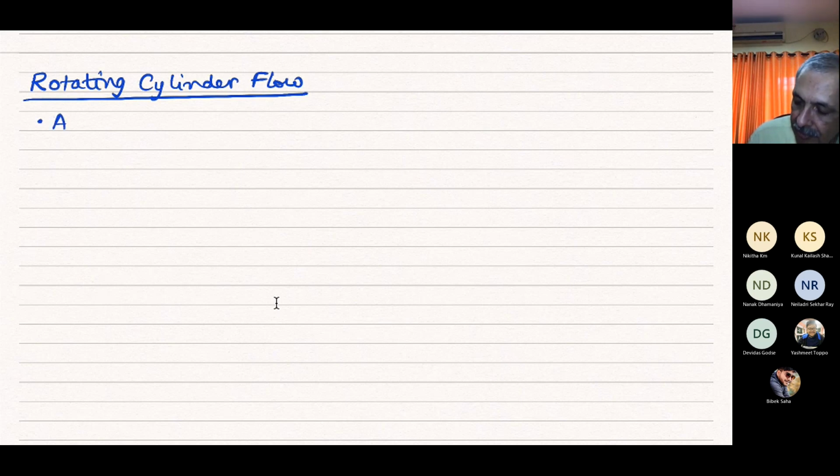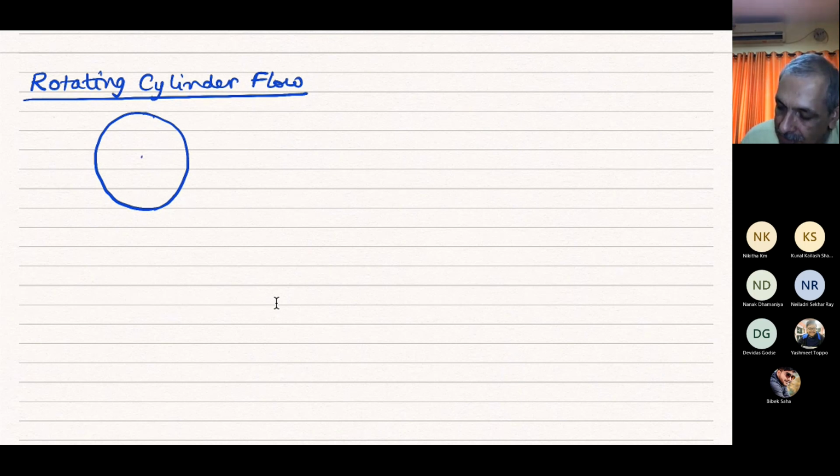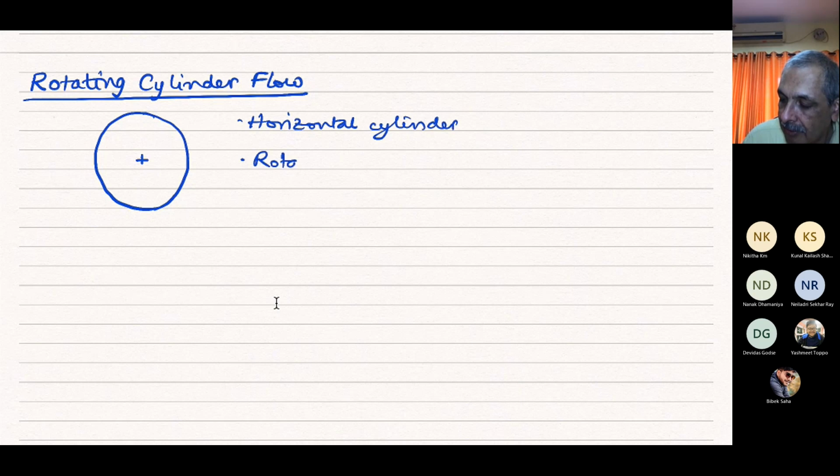So first of all, let's look at the applications. What the system looks something like this: you have a horizontal cylinder or nearly horizontal cylinder, and it rotates about its axis, which is shown here.